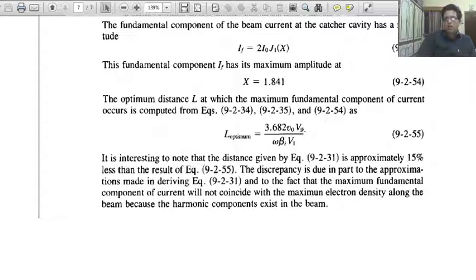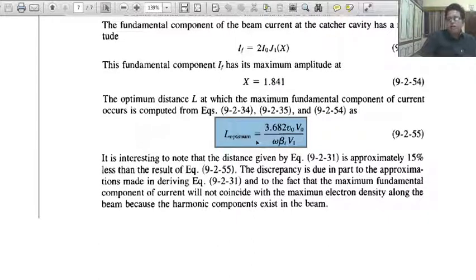Capital V0 for potential and small v0 for velocity. So you should remember this expression, and this expression we derived for the optimum distance.